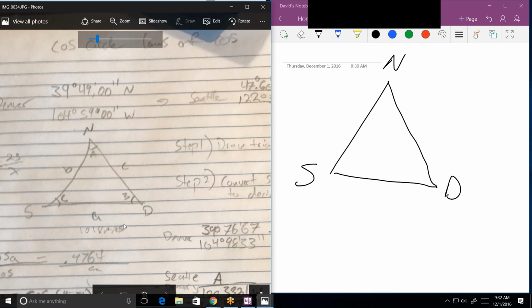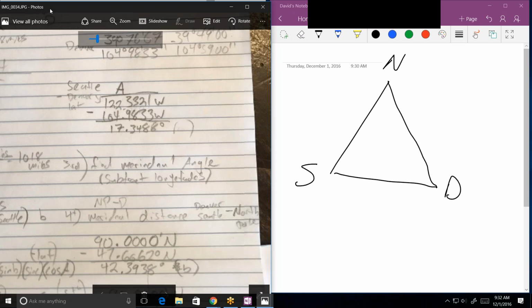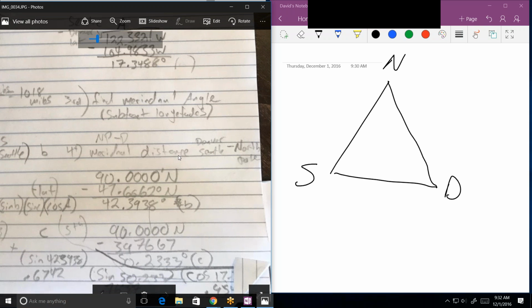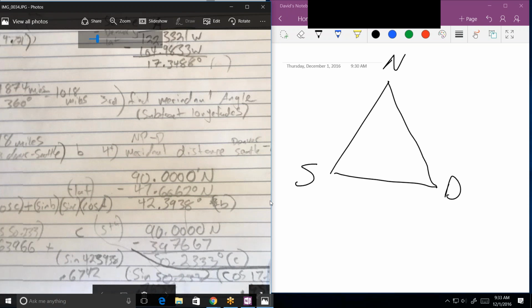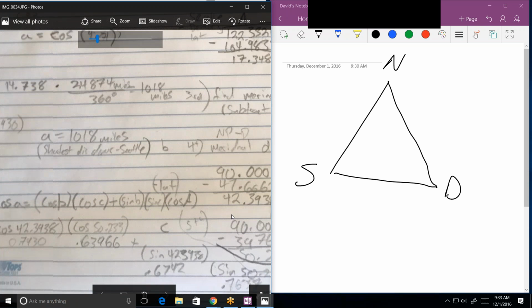Yeah, if you go to the bottom right section of the page, there should be, it's called step 4, finding the meridial distance between Denver and the North Pole and Seattle and the North Pole. Okay. So have you done all that work? Can we dispense with that? And do we know some distances? We can work with this work because this is all correct because we went over this in class. So tell me what the distance is.